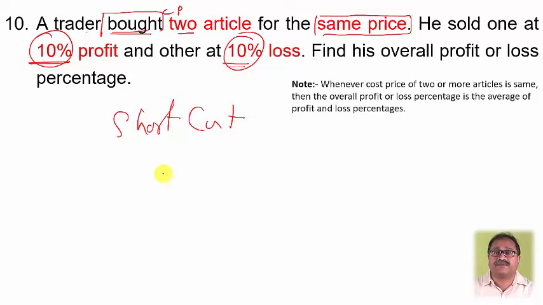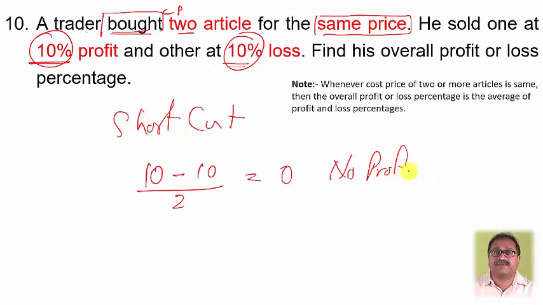Let's take the average of it. So profit 10%, loss 10%, divided by 2. So as it's 0 divided by 2, it's 0. That means no profit, no loss. That's my answer.